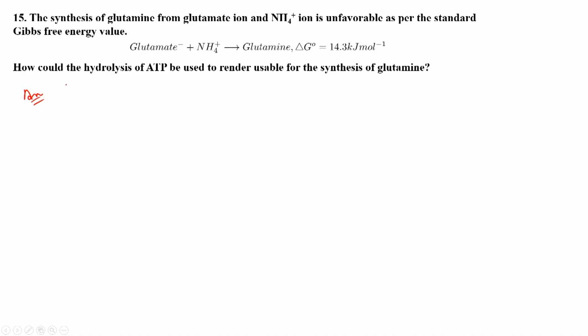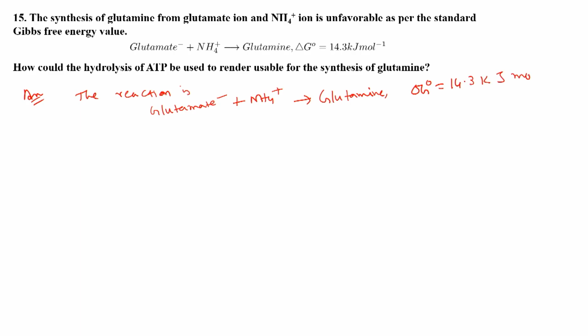So, the original reaction is glutamate, which is negatively charged, plus NH4 plus gives glutamine with delta G naught value given, 14.3 kilojoule per mole, right.